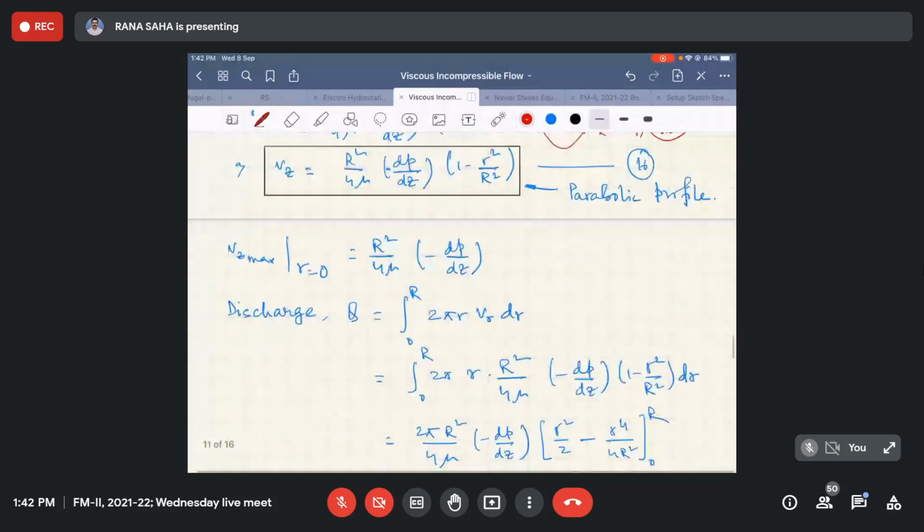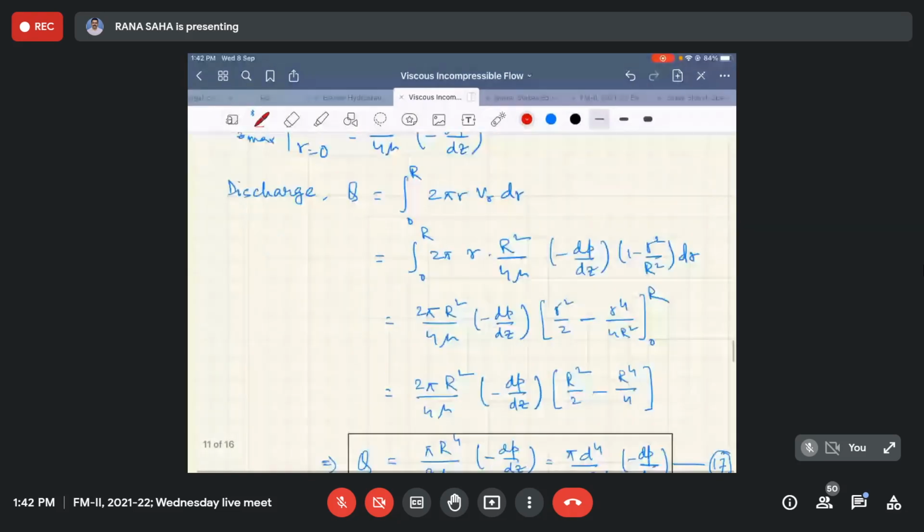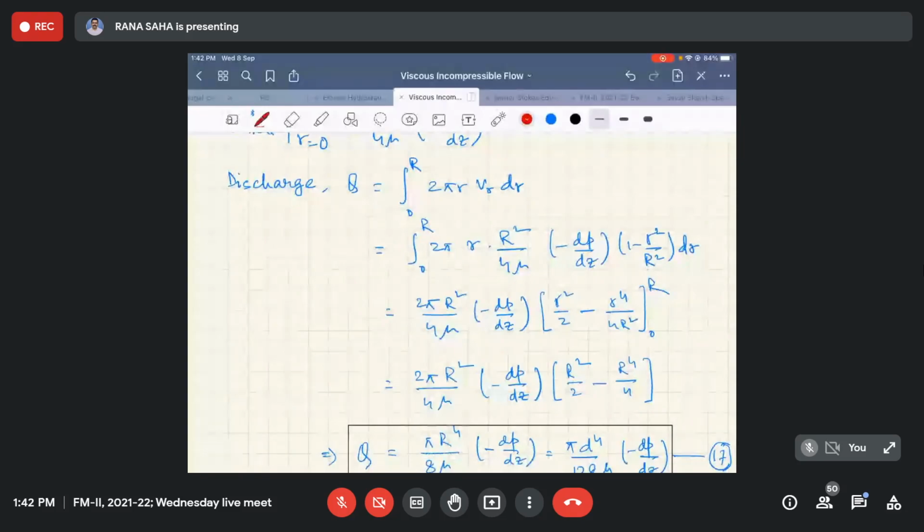Then again you can find the discharge, the flow rate Q, by integrating from 0 to capital R. That is the limit of the integration, and here the strip of the elemental area, your dA, is basically 2 pi r dr. So this is your dA. Vz dA is my discharge, which is written in a slightly arranged manner.